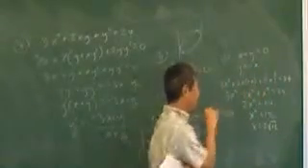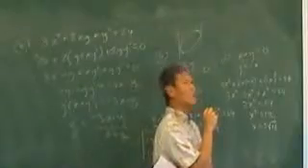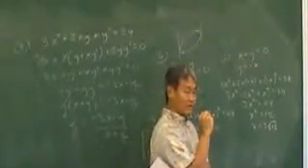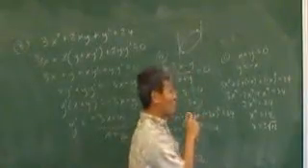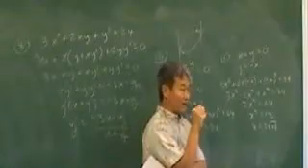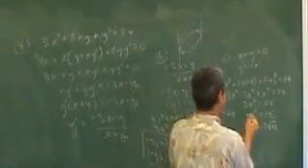Can I leave it root 12 or do I have to change it to root 3? You can leave it root 12. Remember I told you you don't have to simplify any arithmetic, because if you try to simplify it and do it wrong, you'll lose a point. We don't take off fractions of points. It's either minus 1, 2, or 3. So just leave root 12. If you feel confident, then go to root 3.